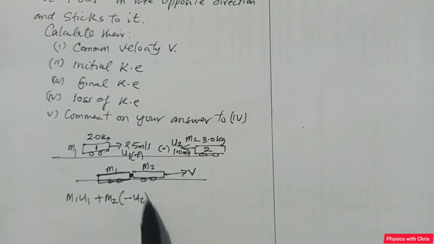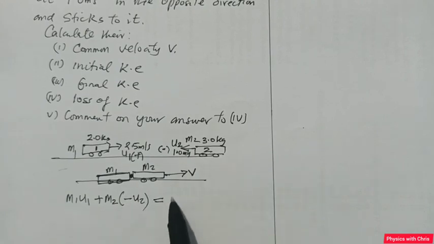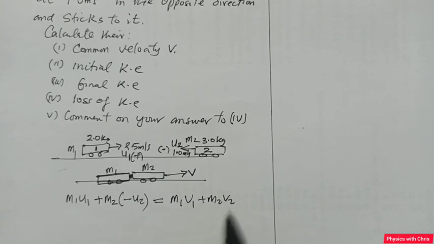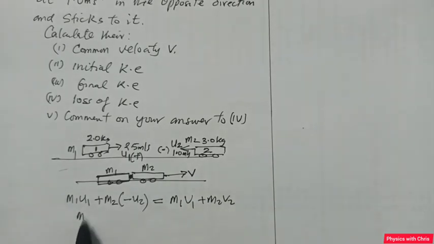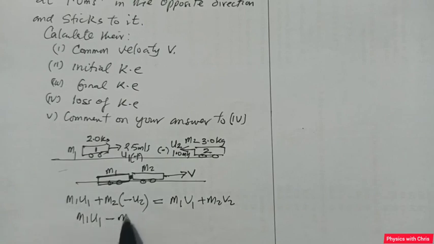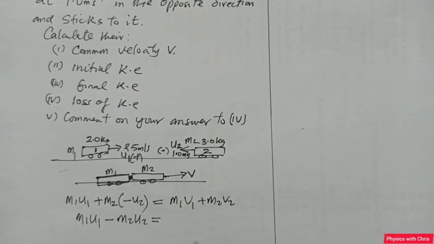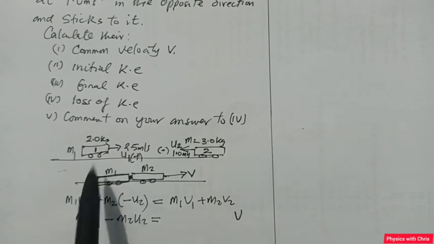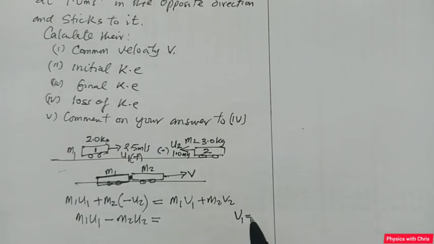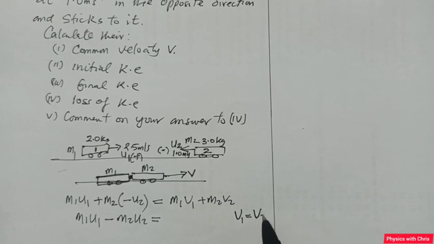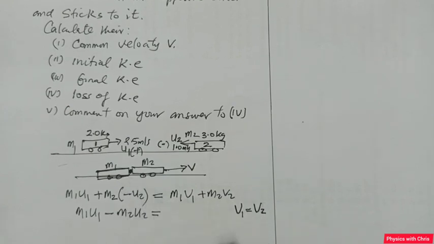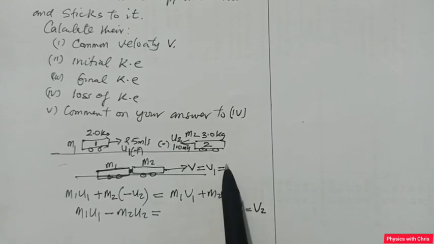This is equal to m1 v1 plus m2 v2. Now this becomes m1 u1 minus m2 u2 is equal to, in this case, the final velocity of the first trolley v1 equal to the final velocity of the second trolley v2, because the two bodies stick to each other and move off with a common velocity. It means this common velocity v equals v1, which is also equal to v2.